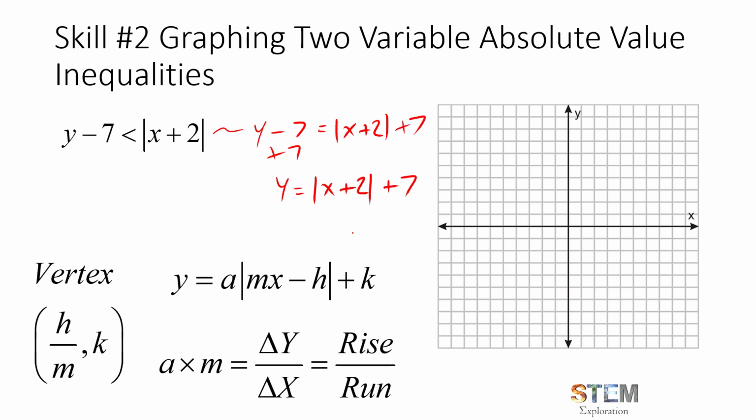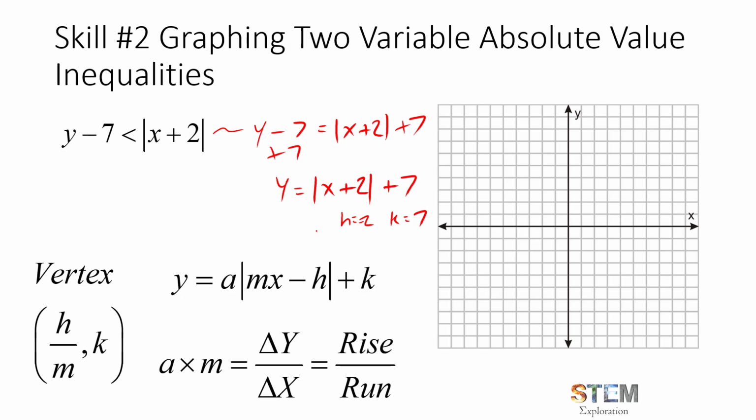Okay, and now the reason I'm doing this is now I have this as a general absolute value equation. As we talked about previously, we have this specific circumstance here, and I know that h comma k is my vertex. I see that h is equal to negative 2 and that k is equal to 7. There's nothing fancy happening with the slope.